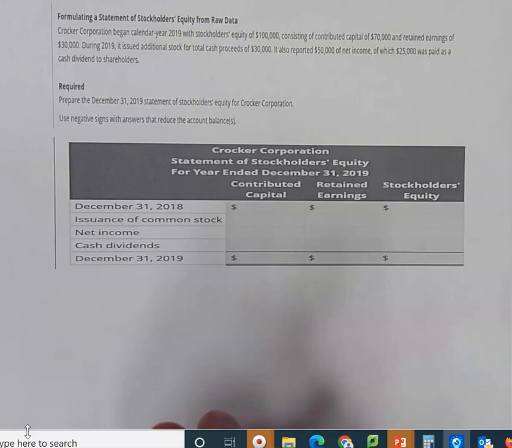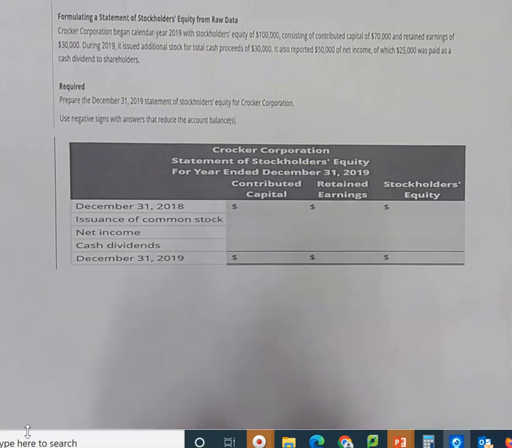So again, a review of retained earnings, and you'll see this as we work through the problem, is simply the amount of earnings for a business all time that are retained and not paid out via dividends. Okay.